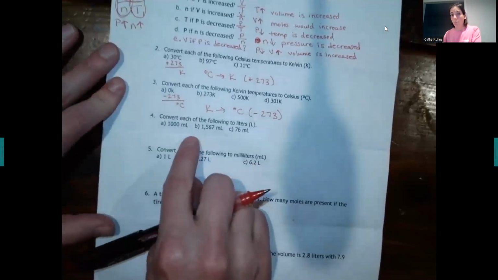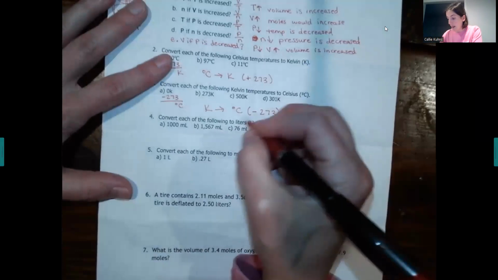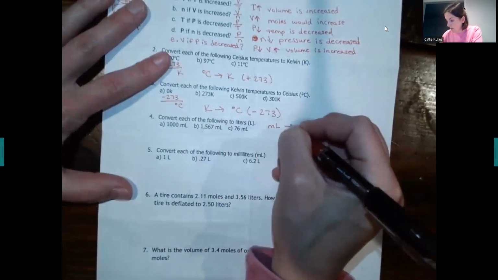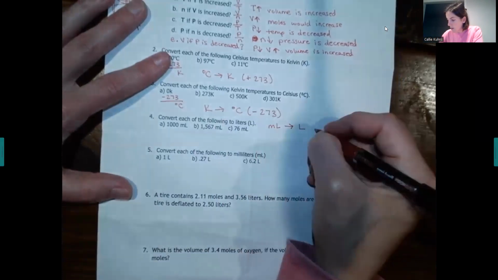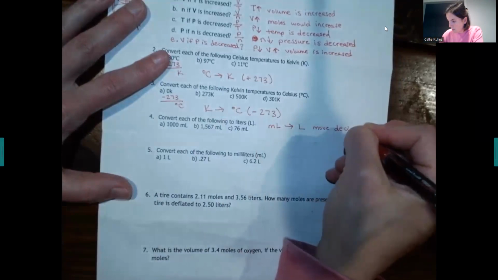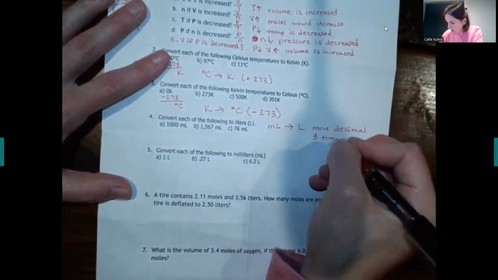Number 4, convert each of the following to liters. If you look at the volume section of yesterday's notes, it says that to go from milliliters to liters, we move the decimal 3 times to the left.